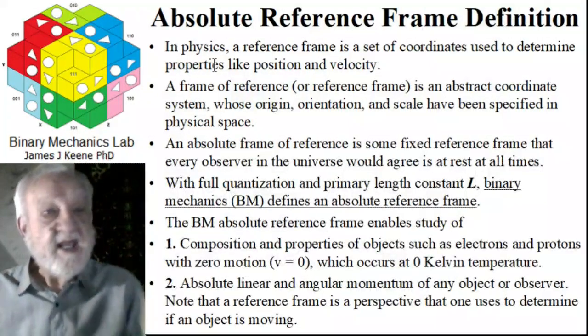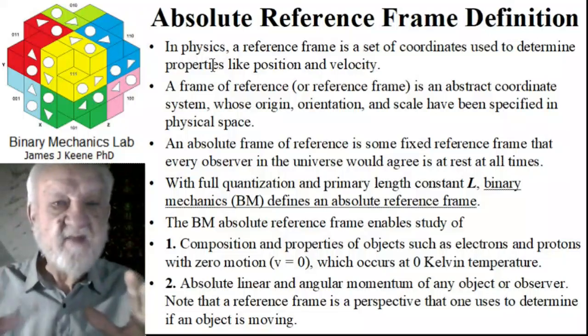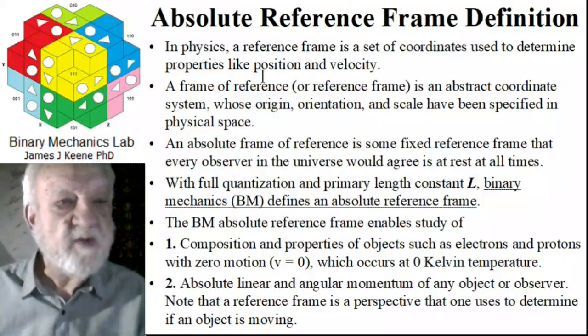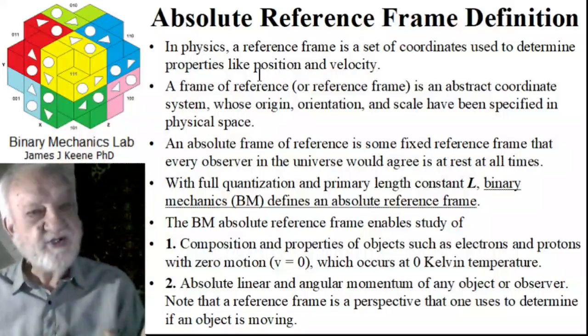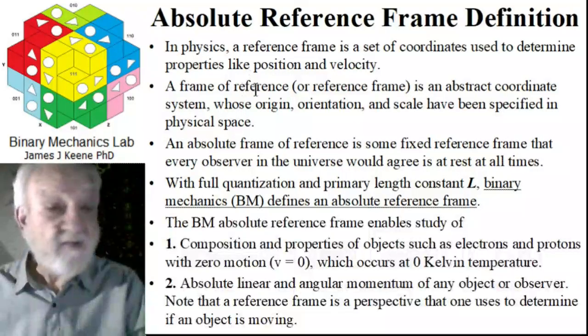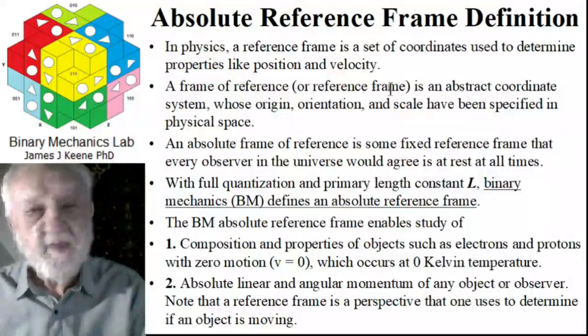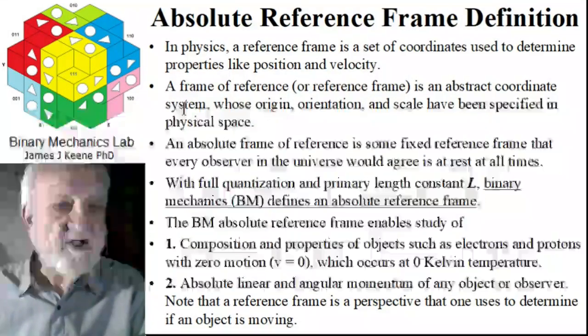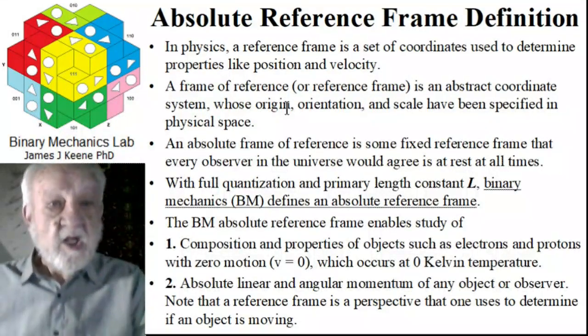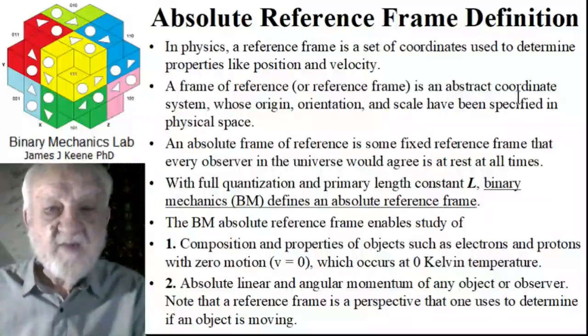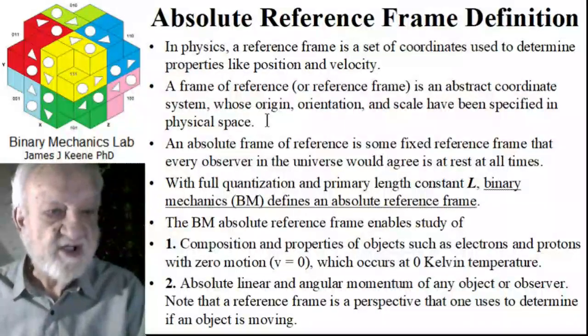Let's review that. In physics, a reference frame is a set of coordinates used to determine properties like position and velocity. A frame of reference, or reference frame, is a coordinate system whose origin, orientation, and scale have been specified in physical space.